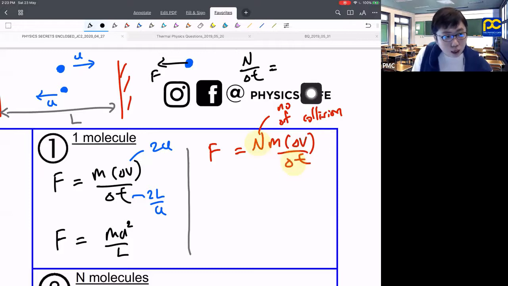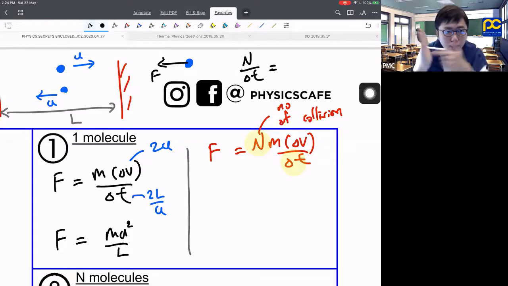Do you agree that? Let me ask you, Louis. If the time between two collisions is 0.1 second, how many collisions are there in 1 second? Next question. If the time between two collisions with the same wall is 0.1 second, how many collisions are there in 1 second?